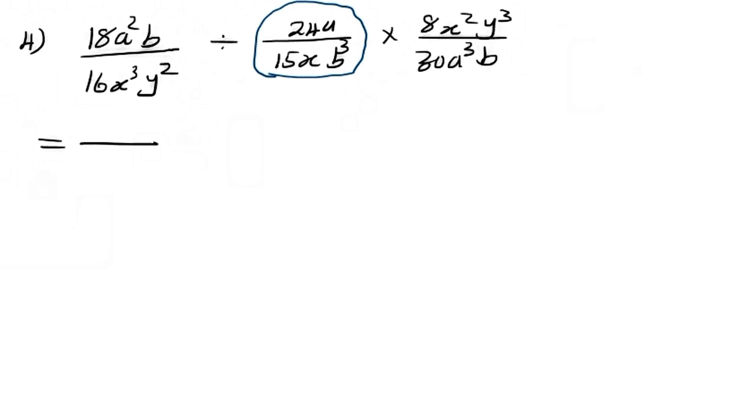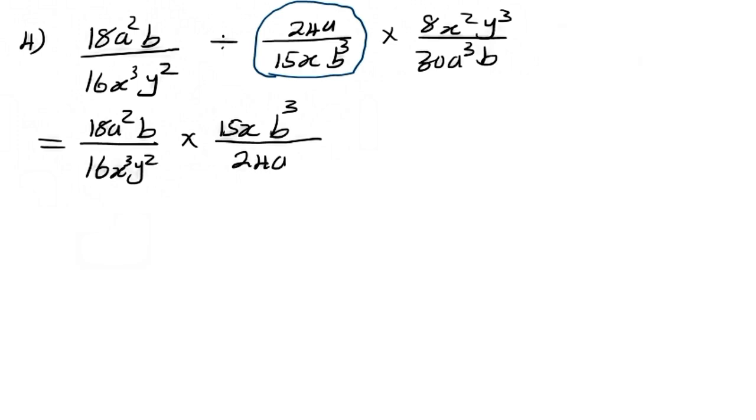Basically, when reciprocating, the denominator now becomes the numerator and the numerator becomes the denominator. And remember, the operation sign changes from division to multiplication. So this will be 24a times 8s squared y cubed all over 30a cubed b.